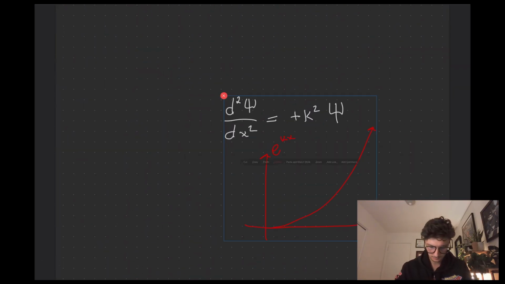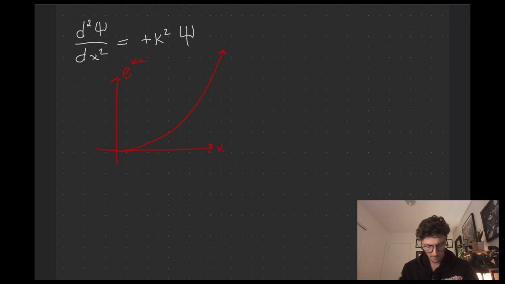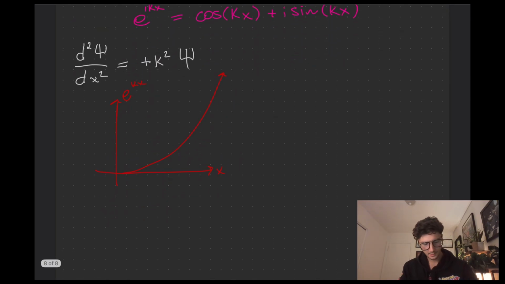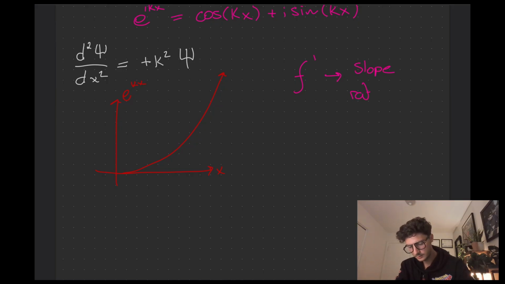Do you guys remember in calculus when you learned about the first derivative and the second derivative and what they mean? The first derivative, f prime, tells you about the slope or rate of change of a function.